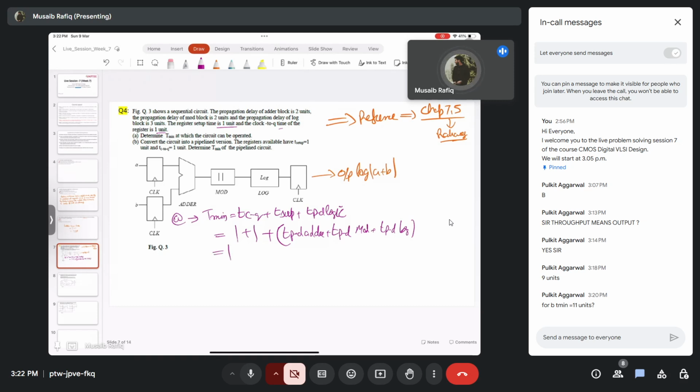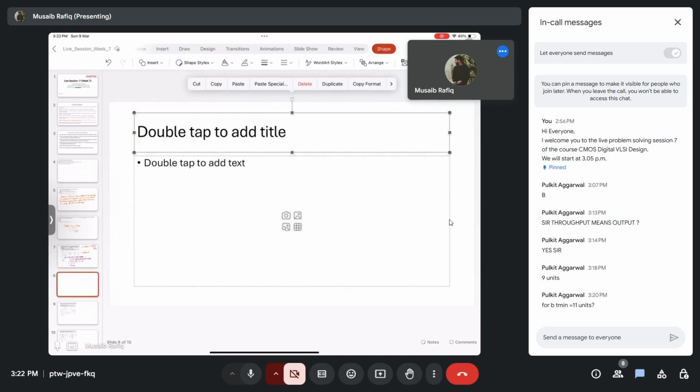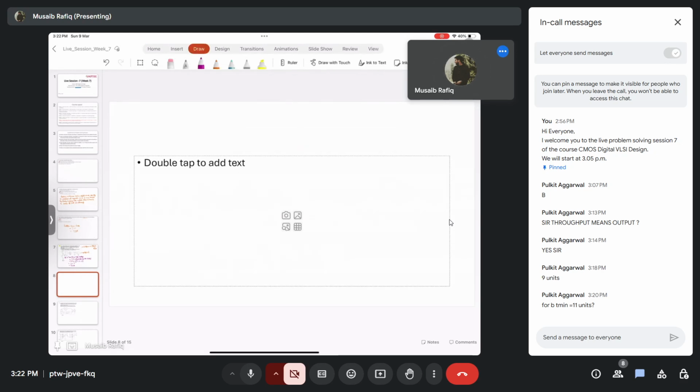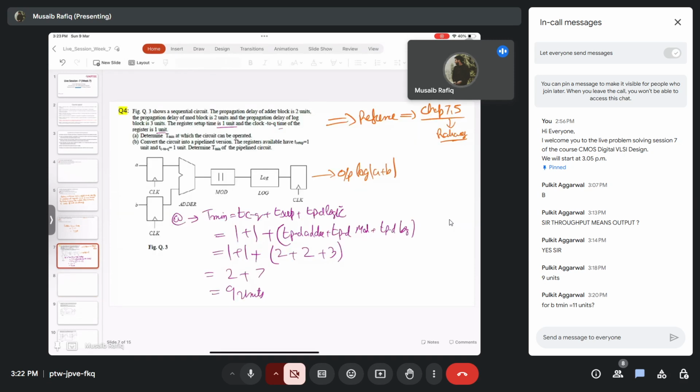The adder is 2, mod is 2 and log is 3. So this is 2 plus 7, that is 9. For the first part we got the answer as 9 units.